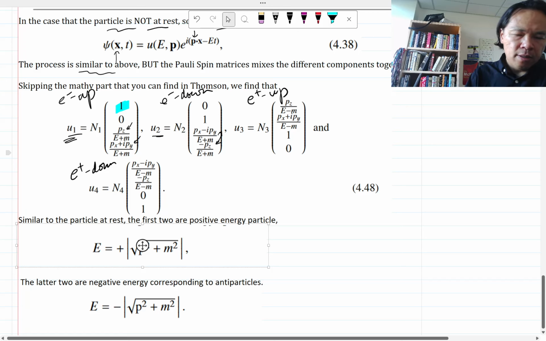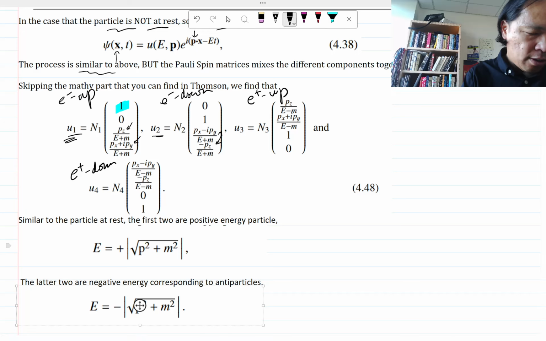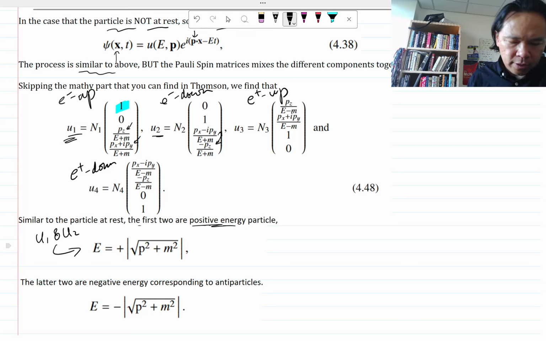Okay. But what I want to tell you is that the energy of the two positive energy solutions, meaning u1 and u2, is going to be positive, whatever the square root of p squared plus m squared is.